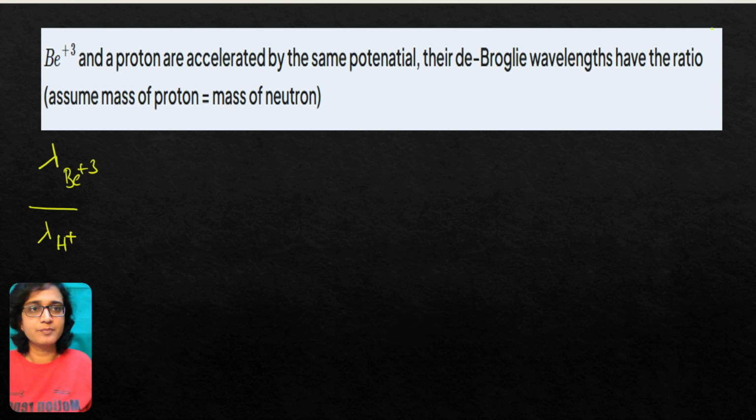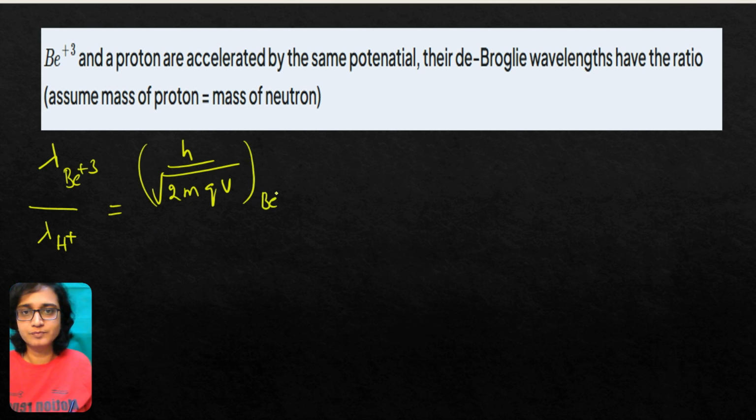And potential difference V is same. So the de Broglie's wavelength in terms of potential difference, we can write h by square root of 2mqV of beryllium plus 3 divided by h by square root of 2mqV of proton.